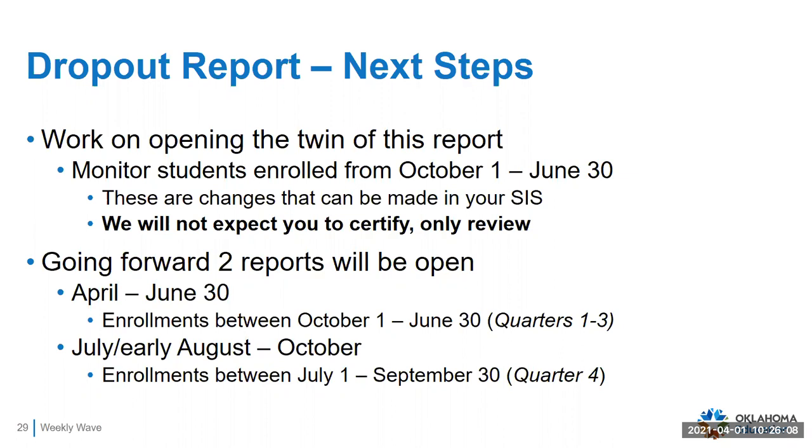So in a normal year, you'll be able to see any student that we are considering or have flagged to be a dropout throughout the year. It shouldn't be a surprise for you by the time it gets to quarter 4, and this should hopefully allow you all to make changes in your student information system when it comes to exit codes. In your student information system, you've got the best, most up-to-date information, especially when it comes to, say, transfers.